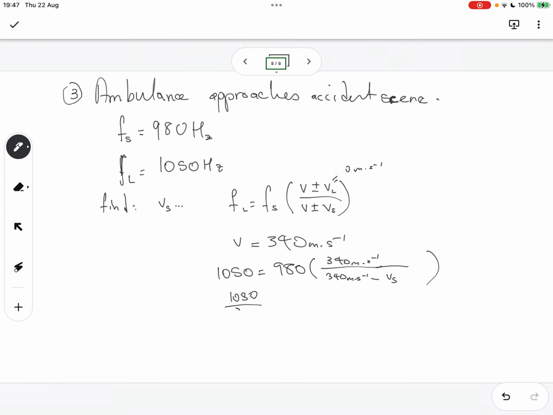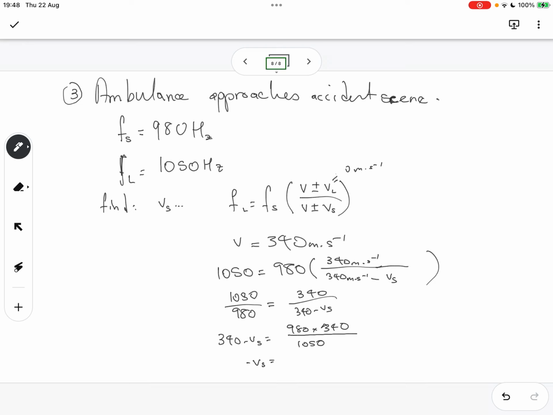So then we'll have 1050 divided by 980 equals 340 over 340 minus Vs. So this would be 340 minus Vs equals 980 times 340 over 1050.